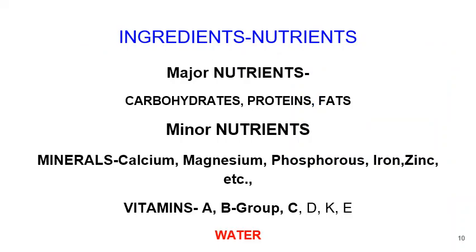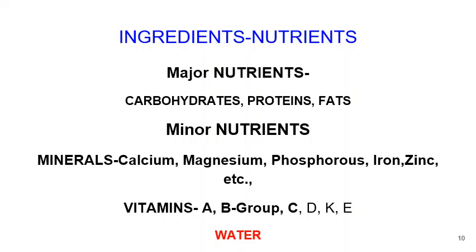Now, what are the major ingredients or nutrients in the foods we take, any meal you take? There are two types of nutrients. One is called major nutrient, other is called minor nutrient. Major nutrients contain carbohydrates, proteins, and fats. Any food we take may contain all the three items in different proportions. For example, grains like rice, wheat may contain more carbohydrates.